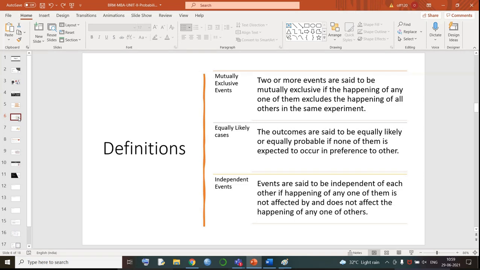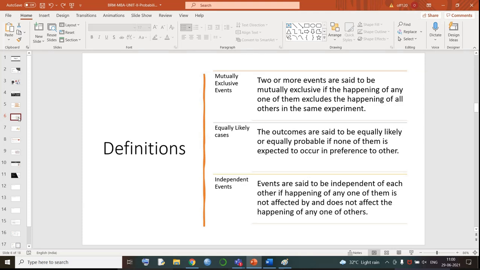Clear? So now, that means if one event is stopping the other one. Now, see, let us suppose you're all getting into the classroom. You thought that you should be first entering into the classroom. That means what? You try to push away all the other fellows and you'll enter into the classroom as the first person. So that means you are stopping them from coming into the class as first member. That is called as mutually exclusive.